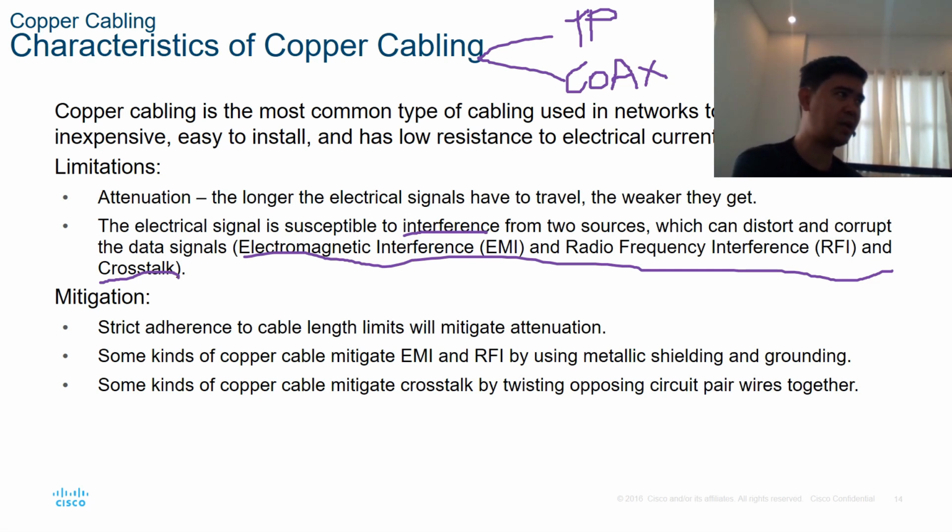EMI usually comes from appliances that have motors, for example a microwave oven too near to a server, an electric fan, or a refrigerator. Radio frequency interference originates from wireless devices like cell phones, TV, and radio. And then crosstalk is noise coming from adjacent wires.